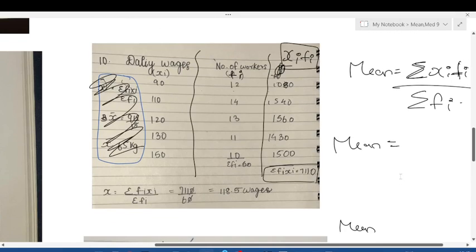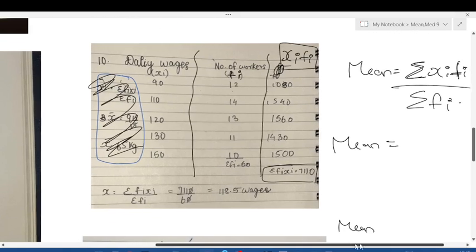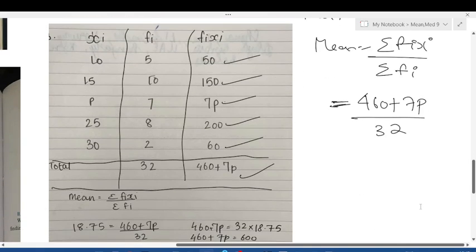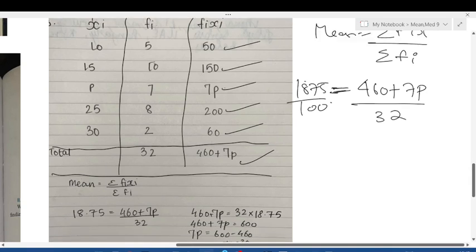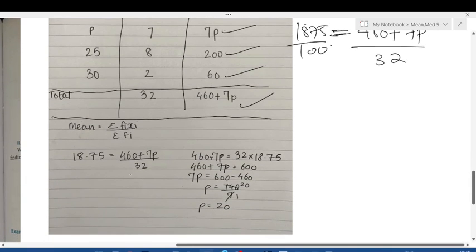How do you convert? How do you remove the decimal? 18.75. Can I write 1875 by 100? You can do it like this or like this. Direct calculation. 18.75. Okay, this is fine.